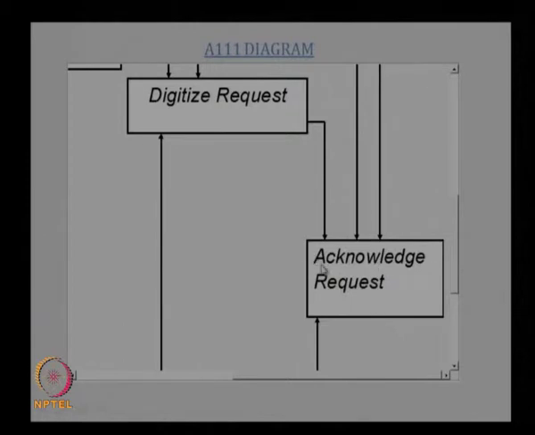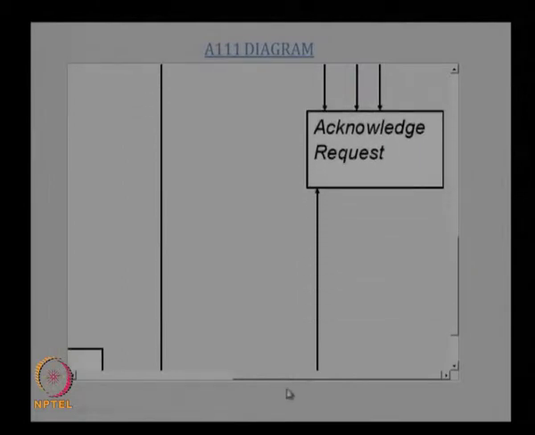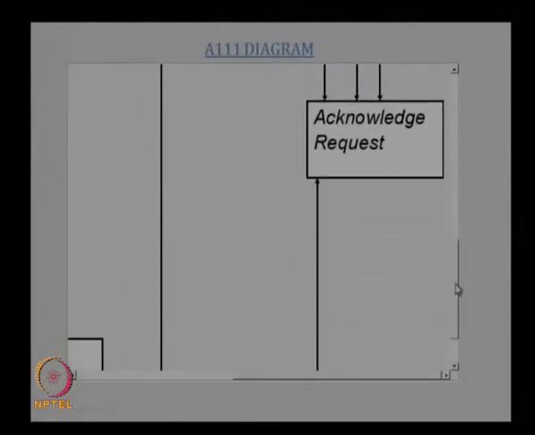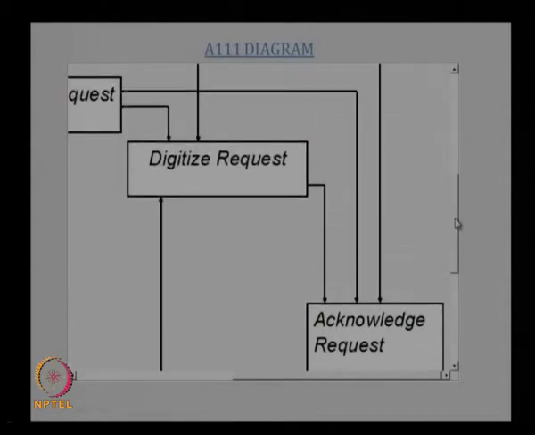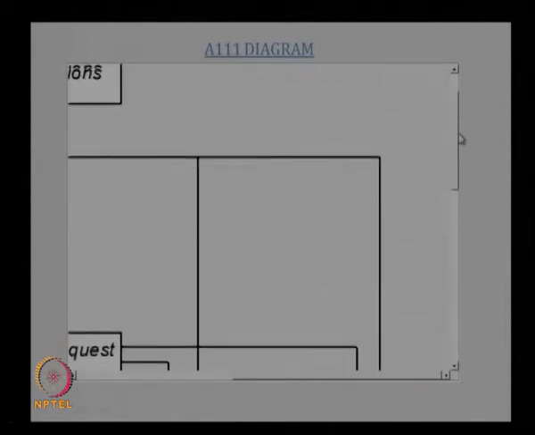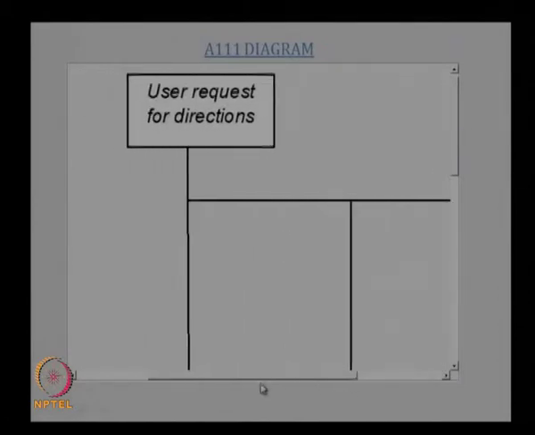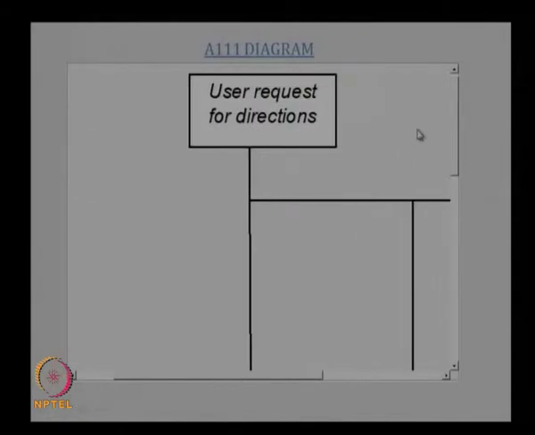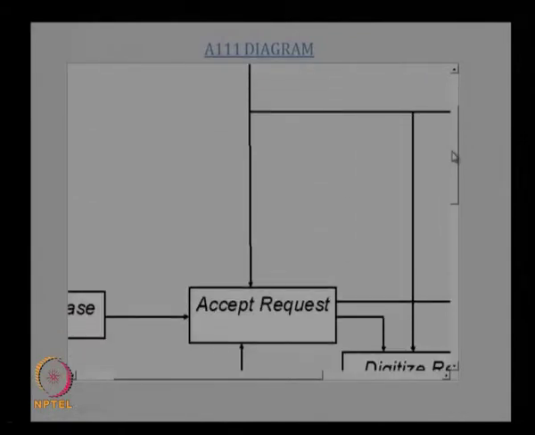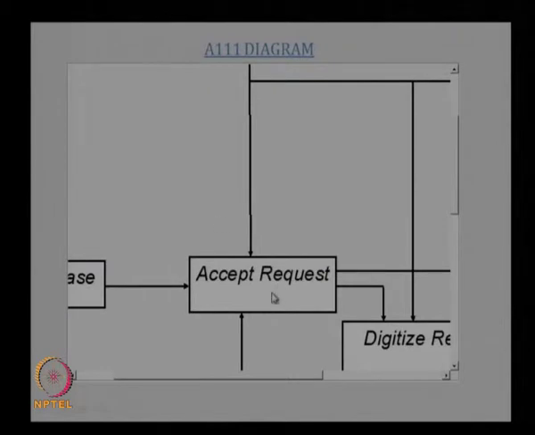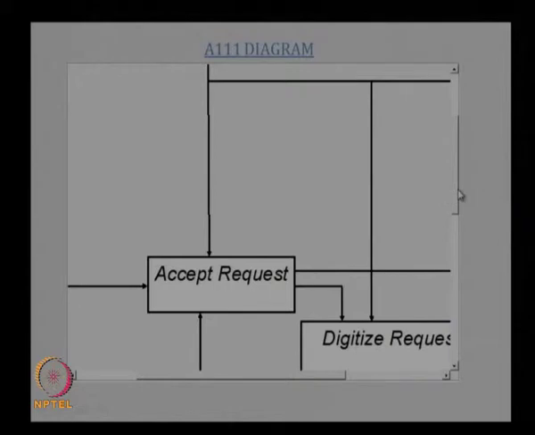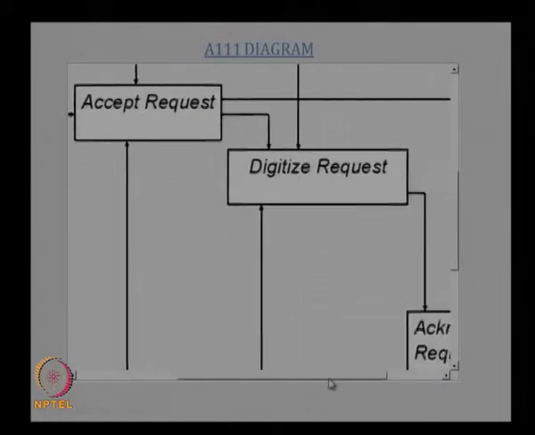So there is another function to provide an acknowledgement or the output to show that the request has been accepted, and that will be giving the output to the next function, where actually the output will be shown as a display or as some kind of feedback to the customer. So these are the sub functions which you can identify from the A1 function. So this is the A11 diagram. So you will be having 3 sub functions here: accept request, digitize request, and acknowledge request.